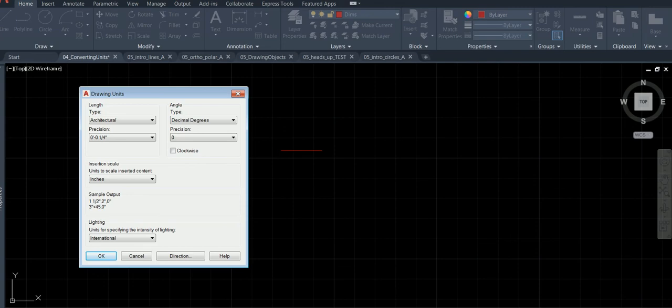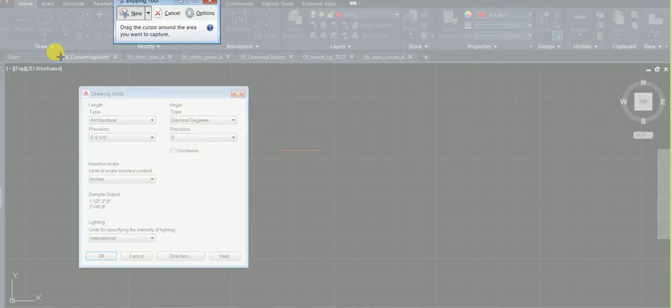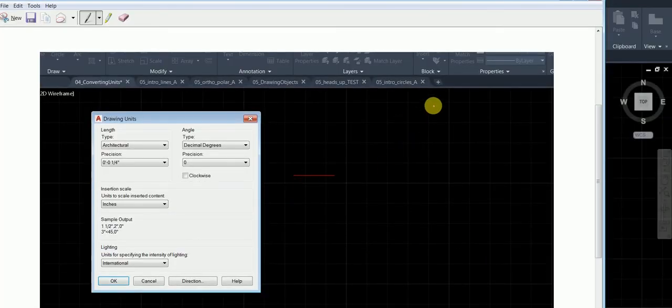Okay, so let me just do this here and I will explain this to you. Our aim was to teach you the concept of units, isn't it? And our first aim was to change inches to millimeter.